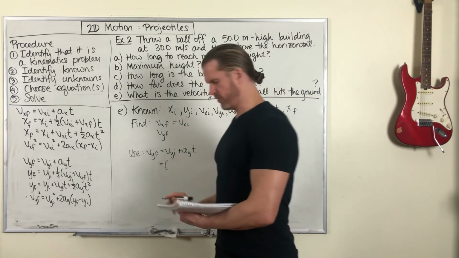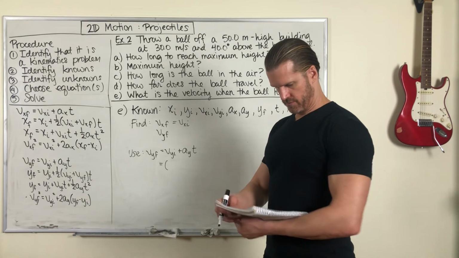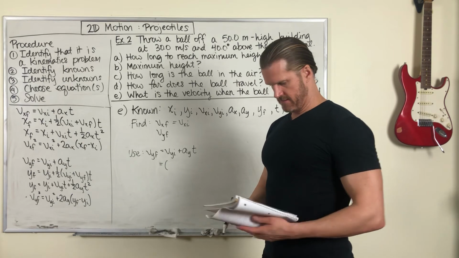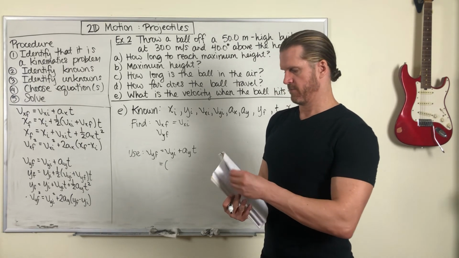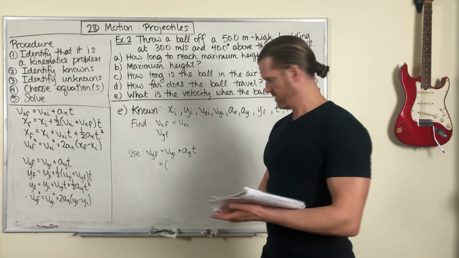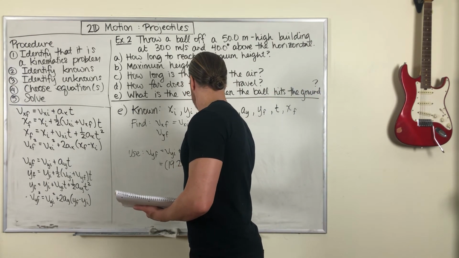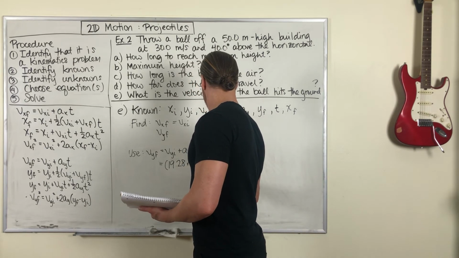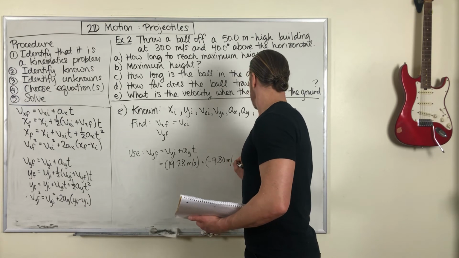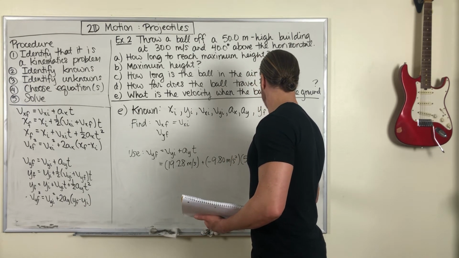So Vy initial was 19.28. A is negative 9.8 meters per second squared, and t was 5.712 seconds.